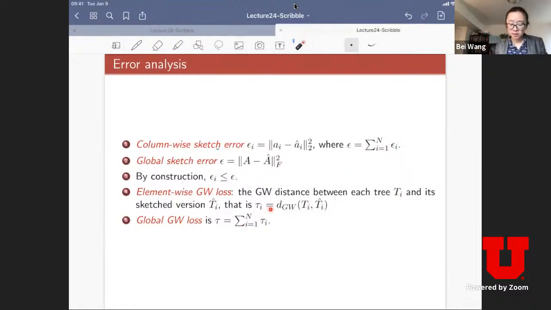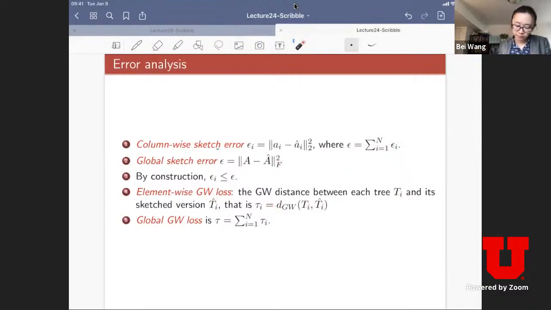So you can consider that there are essentially two types of outliers: the outlier that has a very high GW loss, or the outlier that has a high sketch error, okay? Those are slightly different, but oftentimes you will see trees that have a high sketch error but also a high GW loss. But they capture very different things.